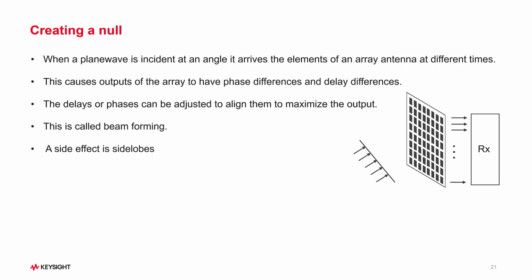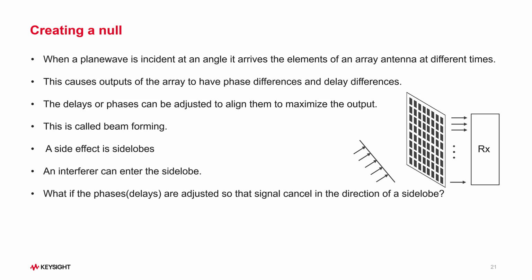So if we have an interferer that comes through the side lobe, we will have a problem. What if the phases can be adjusted in such a way that we cancel out the side lobe, but we keep the main lobe intact? In fact, that is possible, and that's one of the biggest advantages of phased arrays through signal processing algorithms.